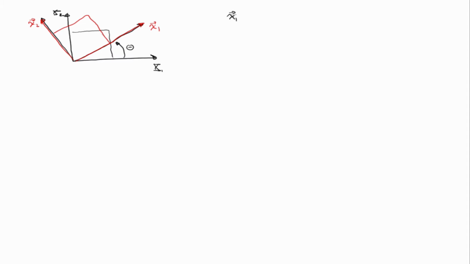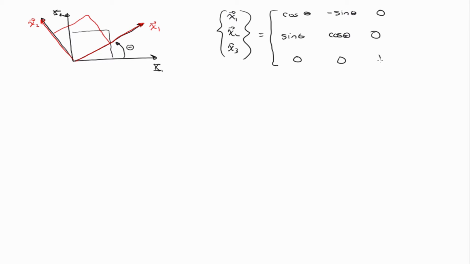And if we do that, we'll have that x1, x2, x3 is equal to, and I'm just going to go ahead and write it in matrix form, but it's cosine theta, minus sine theta, 0, sine theta, cosine theta, 0, 0, 0, 1. That multiplies X1, X2, X3. Right?